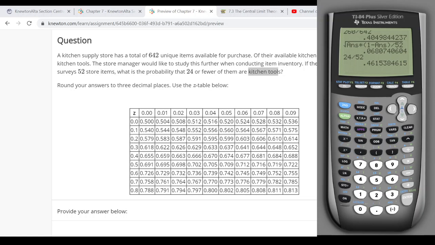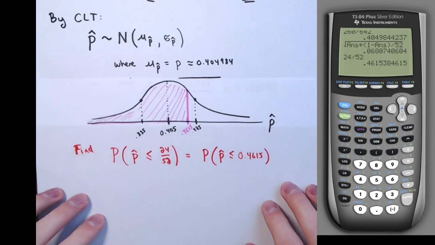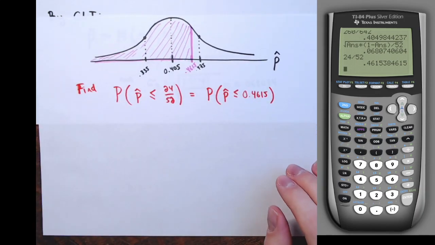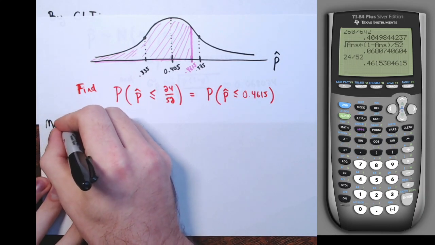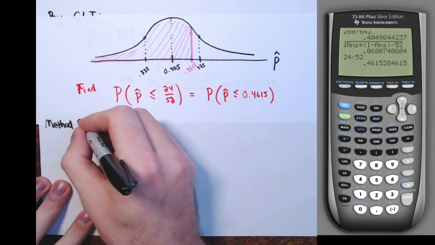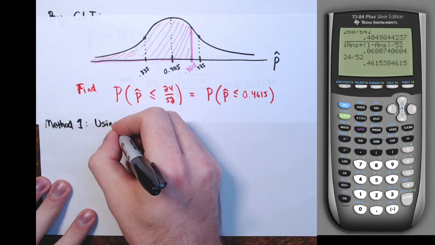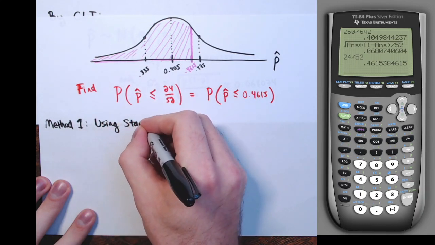So I need to standardize. All right, so back on my page here, I'll call this method 1, using the standard normal tables that they gave us.